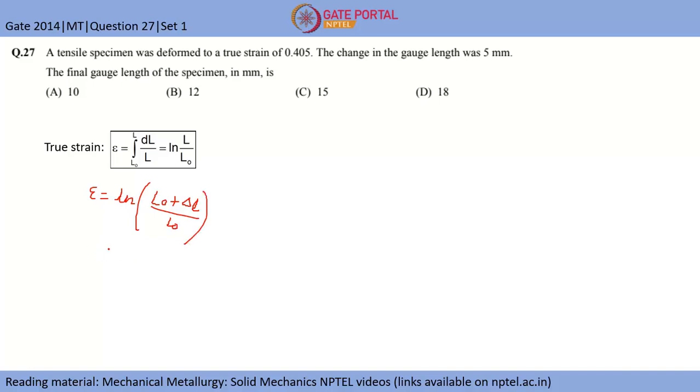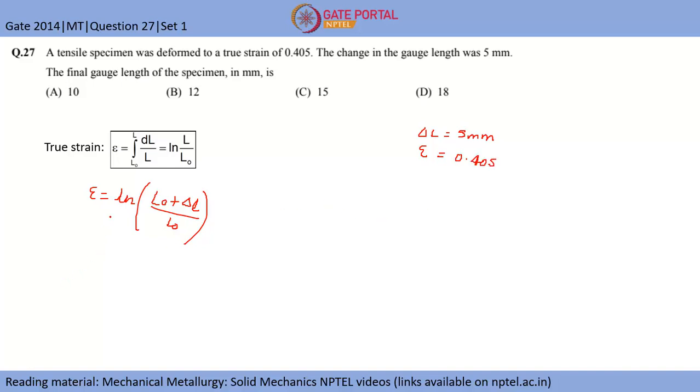Same thing written in a different way, where delta L is the change in length. We are given delta L to be 5 mm, and true strain, epsilon, is given as 0.405.